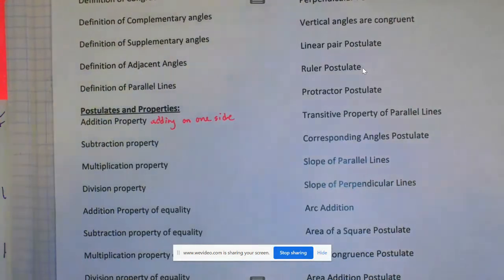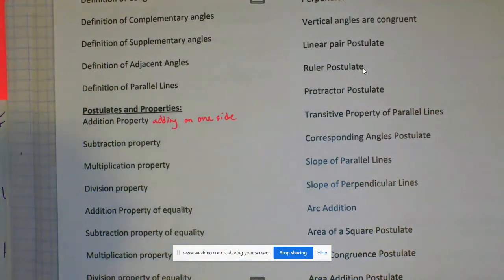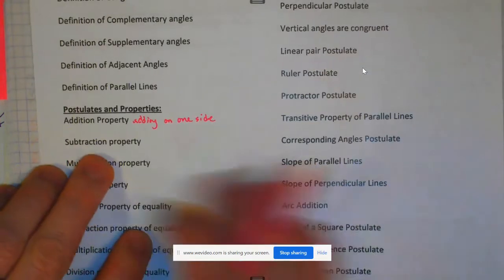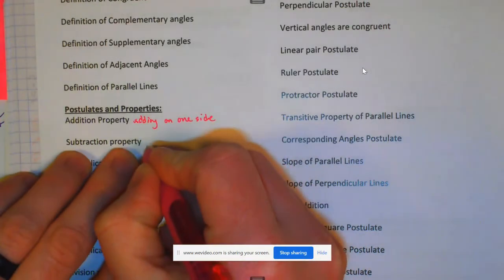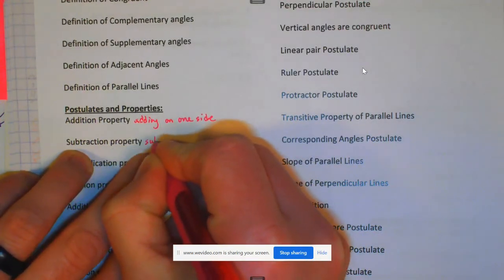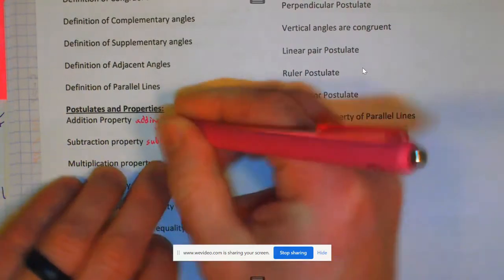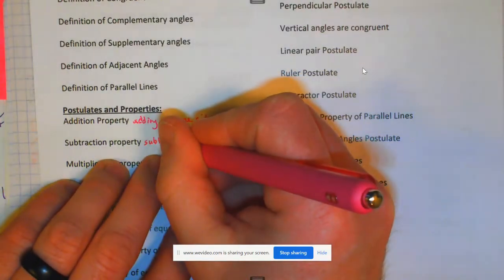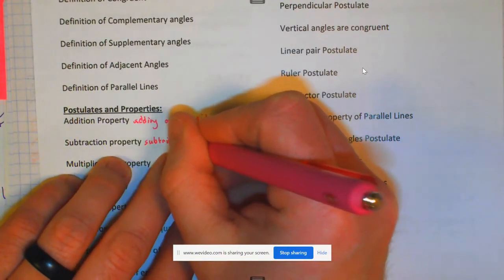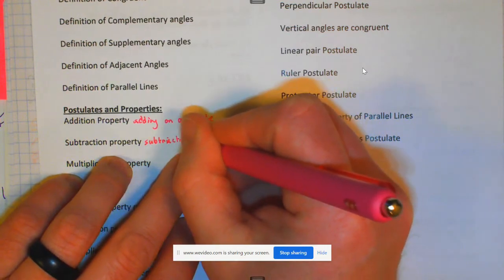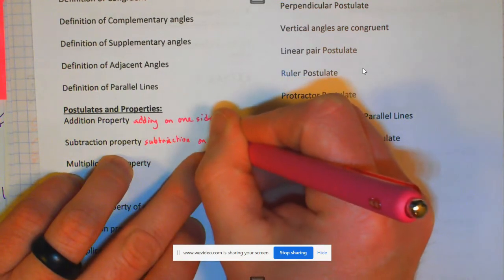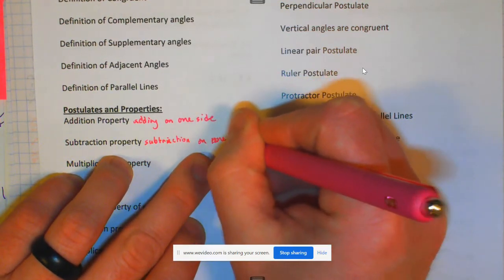When you add 2 things on the left side of an equation, that's what you're doing. So the subtraction property would be the same thing, subtracting on one side.